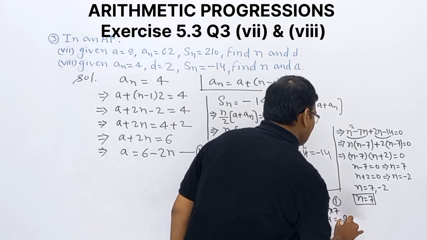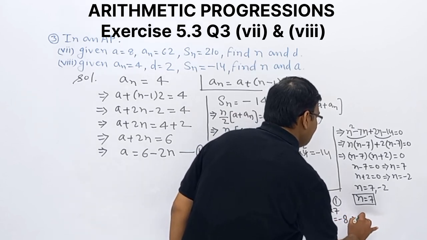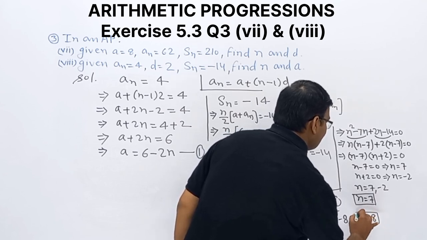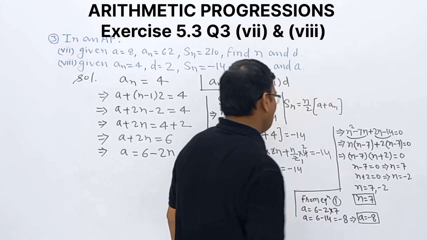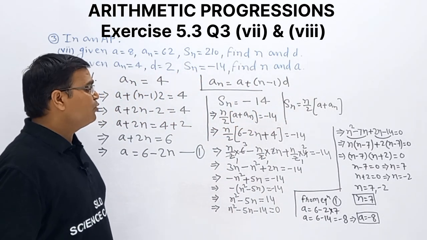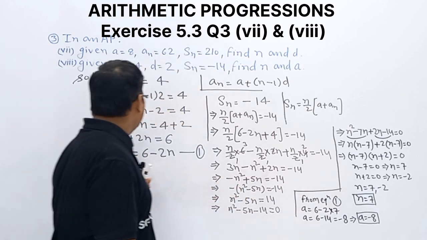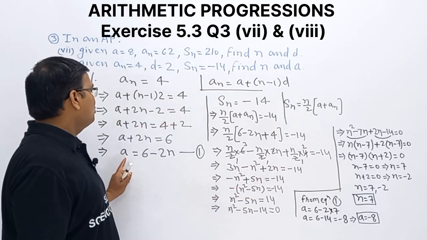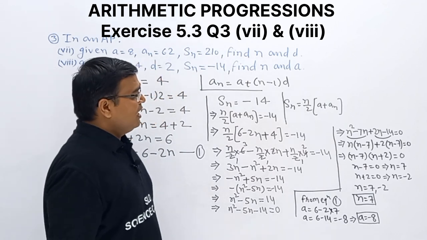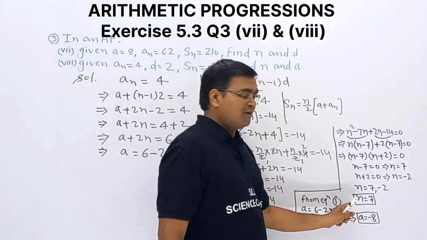So the value of a is minus 8. So we first obtain n, then put this value of n in equation number 1 and solve for a, and the a value is minus 8.